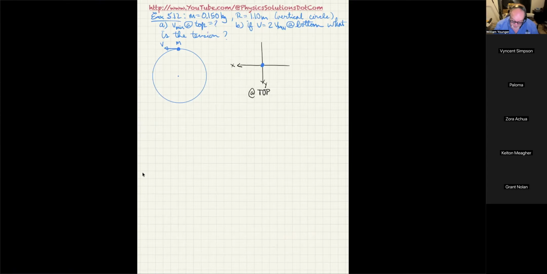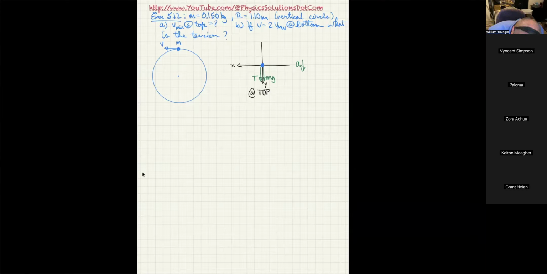And with that in mind, what we see is that the weight is acting in the positive direction, so that is mg. But we also have that the tension in the string is pointing in the positive direction, so that's also T. And we know that the acceleration has to be AC. So the acceleration has to be that particular direction.